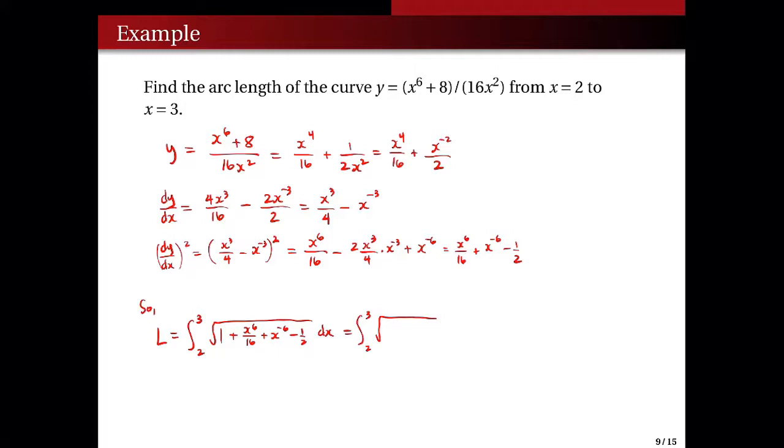So let's just write this as x to the 6 over 16 and then plus x raised to negative 6, and then you'll get plus 1 half there, dx. Okay?